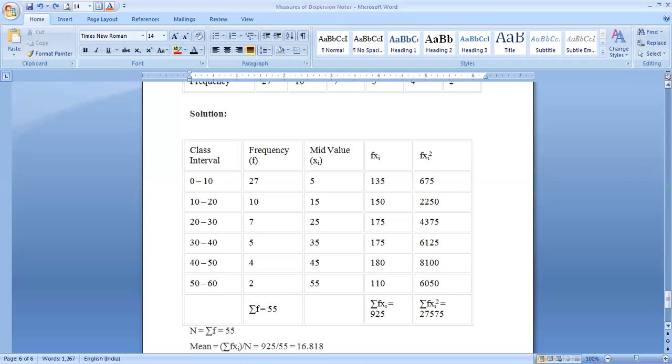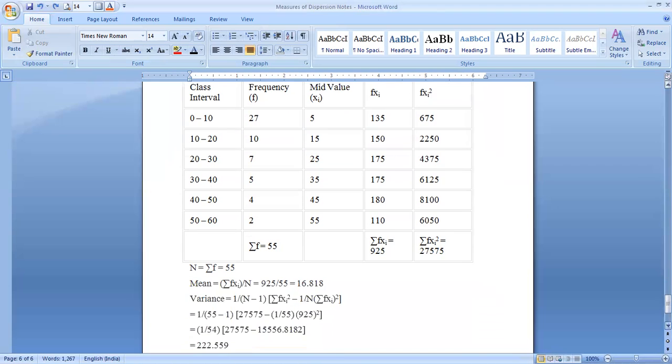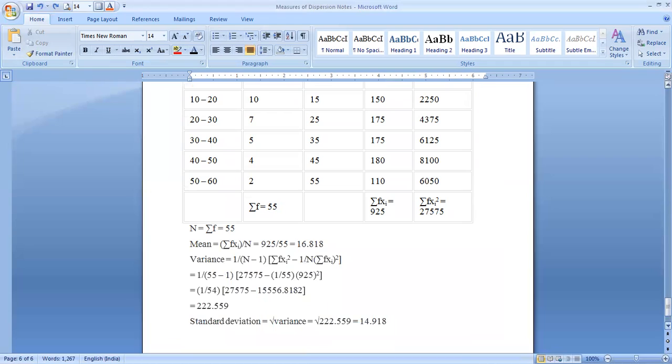So we have n, the total number of data, which is equal to summation f, which is 55.